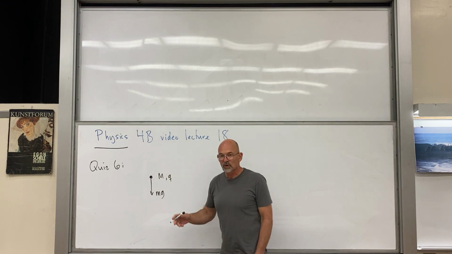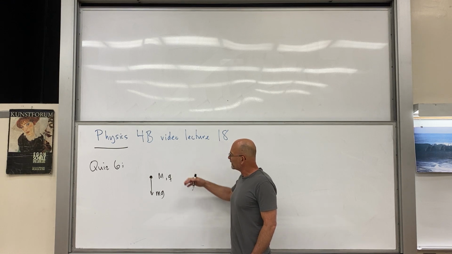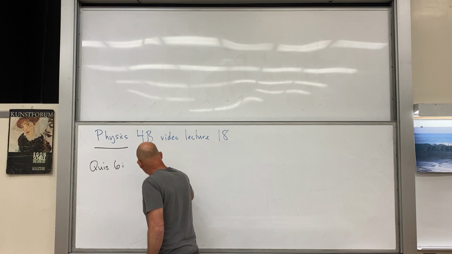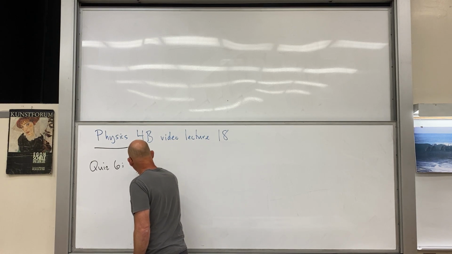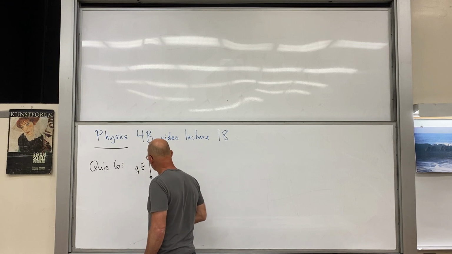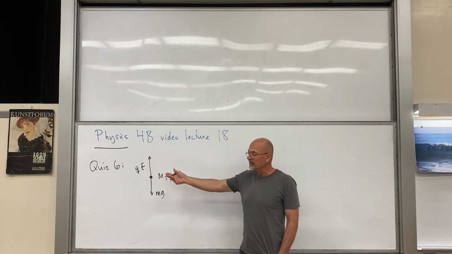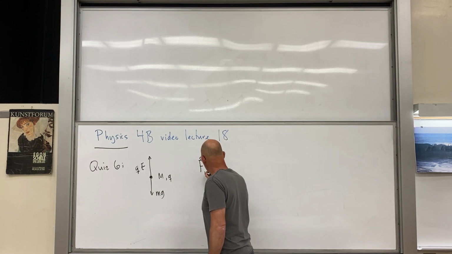There is a downward electric field, but there's an upward acceleration on this. So QE, I'll talk about that in a moment. That's going to be its direction because there was an upward acceleration. So here's how we look at that.